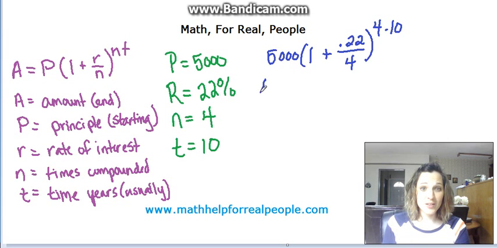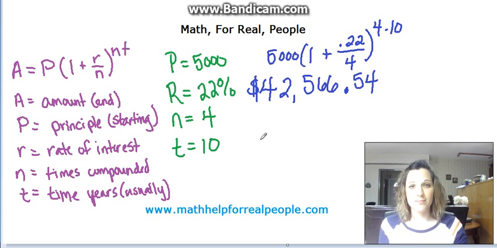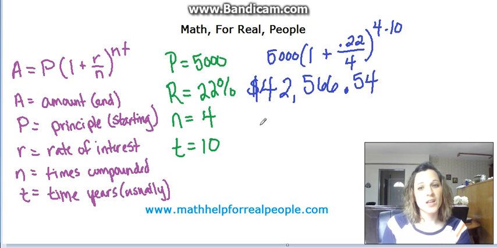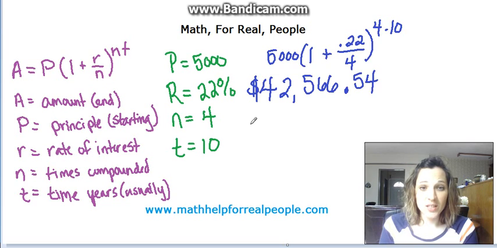But basically, if you did not make one payment and it was compounded quarterly at 22%, this is what would happen: $42,566.54. Now that would be nice if you made that. If you made 22% on an investment for 10 years without doing anything from $5,000, that would be nice. So good luck.